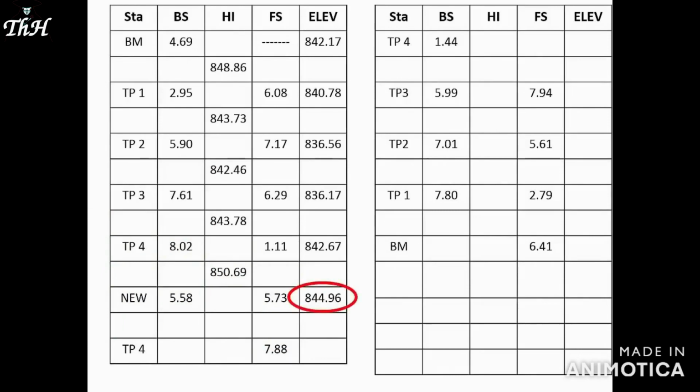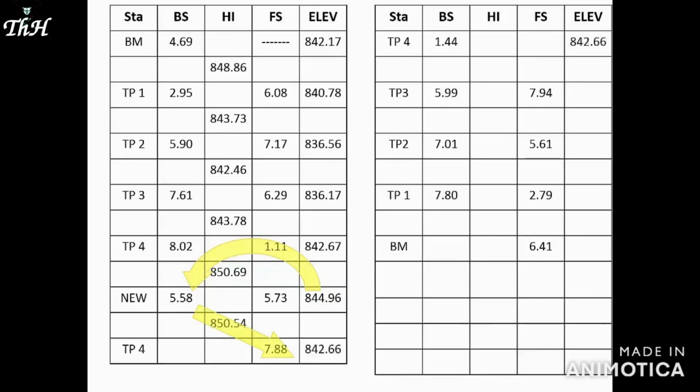So let's add the next backsite reading to that elevation to get the HI between the new benchmark and turning point 4. Next, we'll subtract the next foresight on turning point 4 to find the elevation on turning point 4 again.